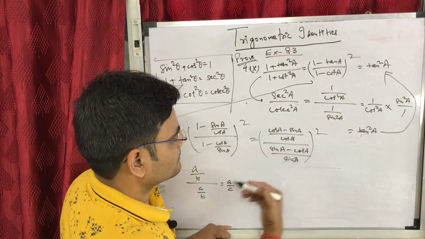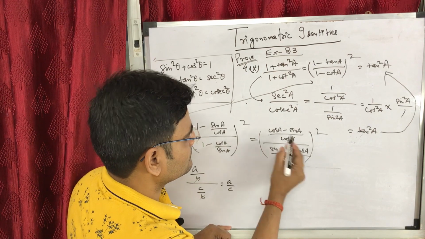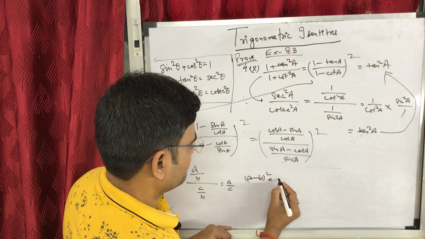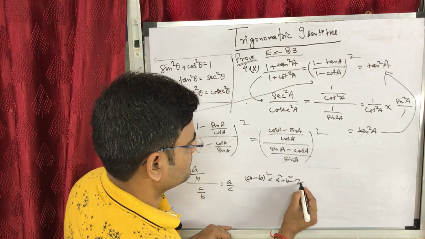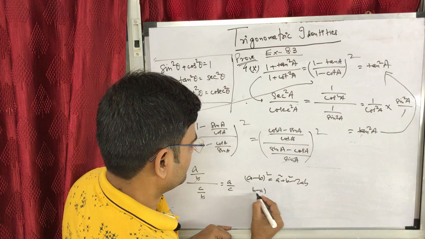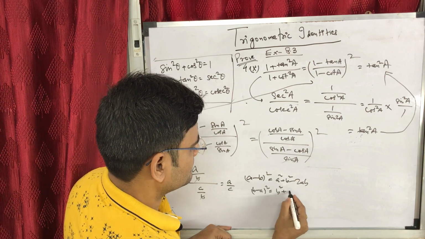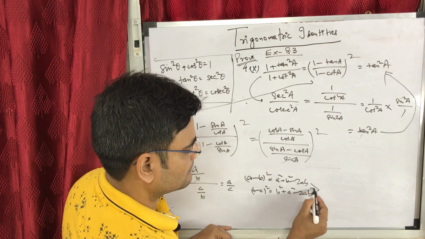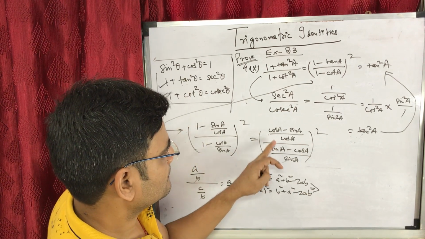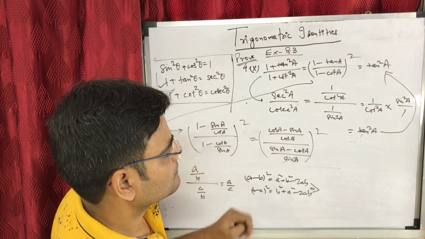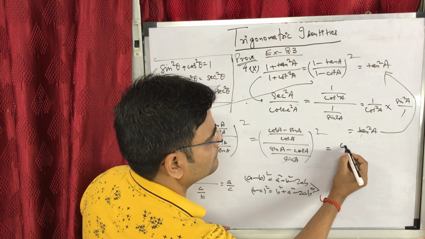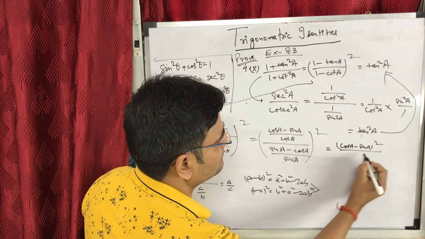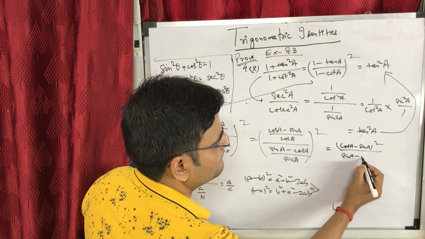So cos A and cos A get cancelled. Now another formula you have to use. (A minus B) whole square is how much? A square plus B square minus 2AB. And what is (B minus A) whole square? That is B square plus A square minus 2AB. So both are equal, right? They both are equal. So that is why (cos A minus sin A) whole square and (sin A minus cos A) whole square are equal. So you are left with (cos A minus sin A) whole square.